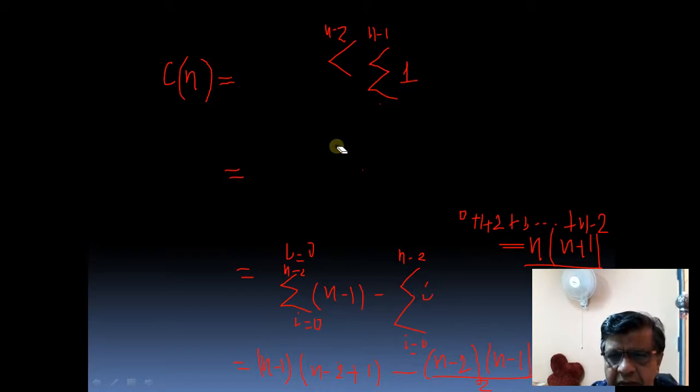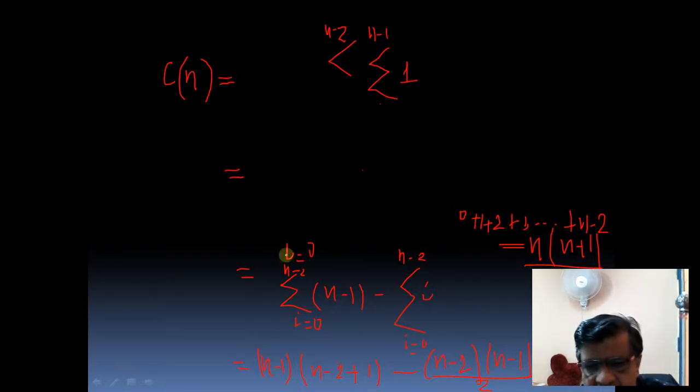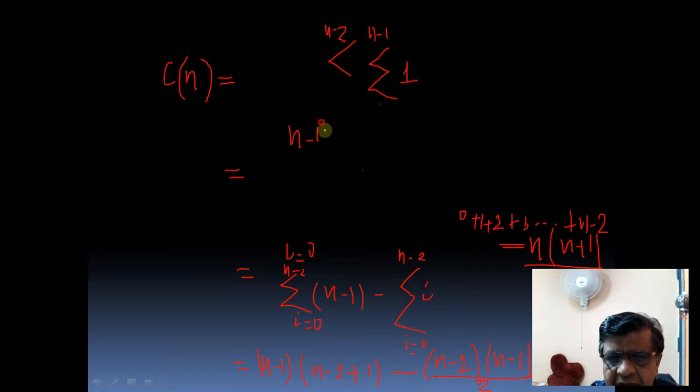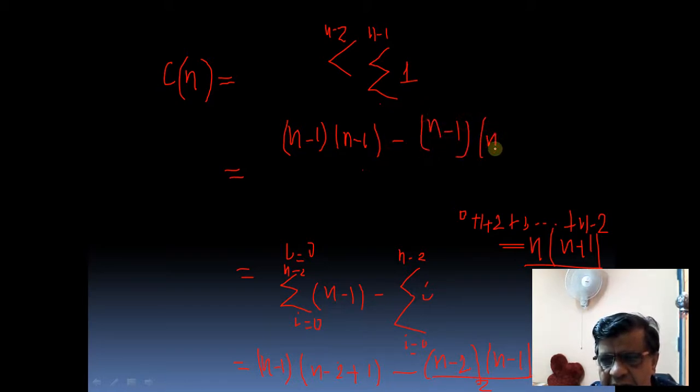Okay, now we will continue wherever we have left. So this is (n-1)(n-1), the first term. The second term is minus (n-1)(n-2)/2.